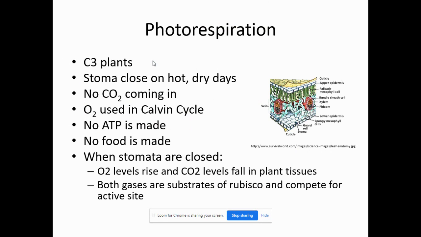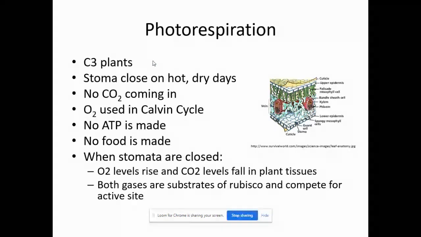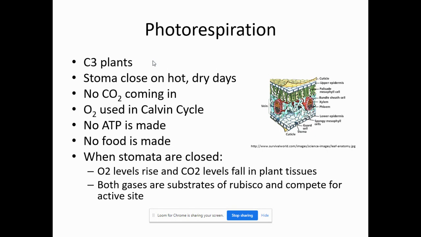Well, the issue with closing the stomata for plants is that they can develop photorespiration. Photorespiration is a big problem for C3 plants, and C3 plants are your most common type of photosynthetic plants. Their stomata will close on hot, dry days, so that means no carbon dioxide is coming in. When no carbon dioxide is coming in, the Calvin cycle is still wanting to run.